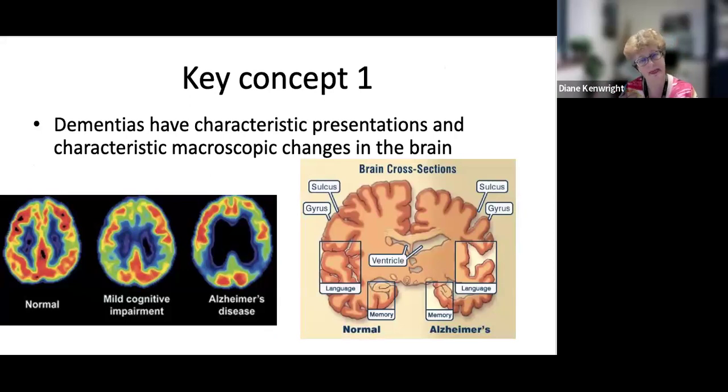All right, so characteristic changes in the brain across all dementias are a decrease in brain volume, which is shown by a thinning of the cortex and expansion of the ventricles and widening of the sulci and narrowing of the gyri. So those are typical atrophic changes that we see.